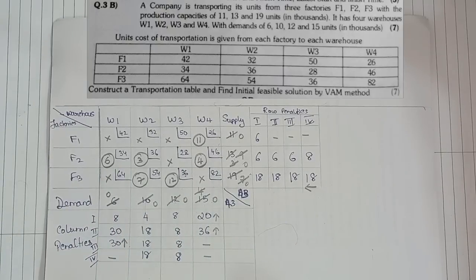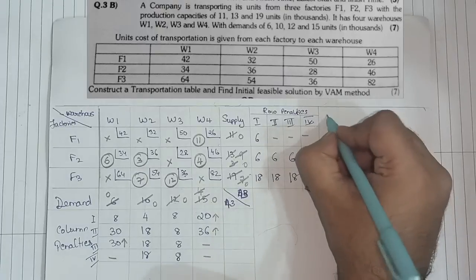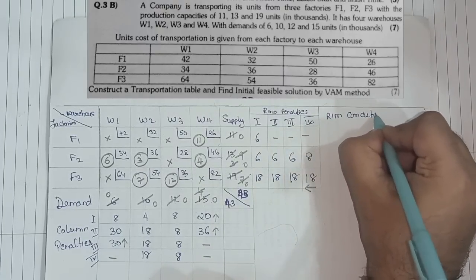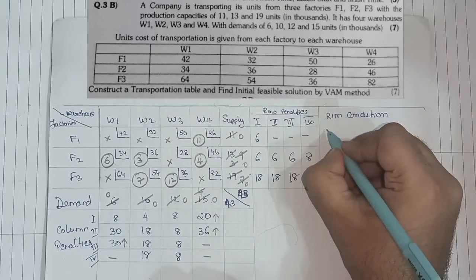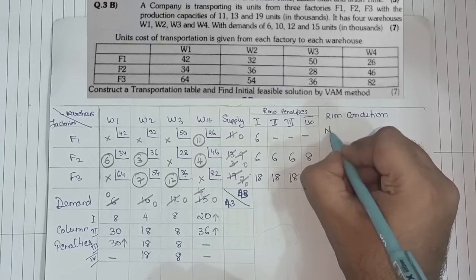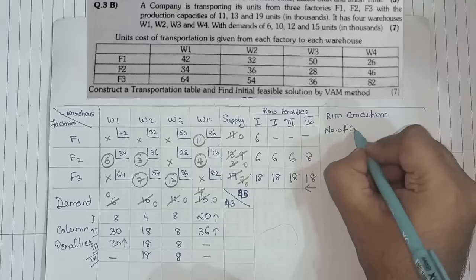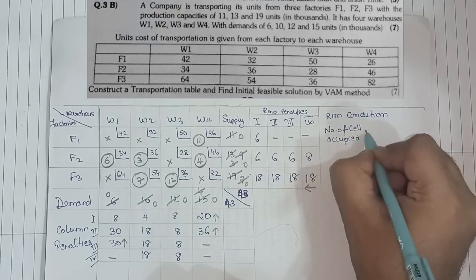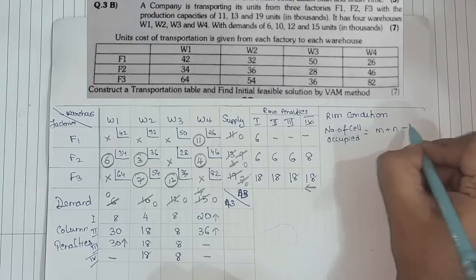Okay, now after doing this, we need to check the rim condition. Rim condition is number of cells occupied should be equal to m plus n minus 1.